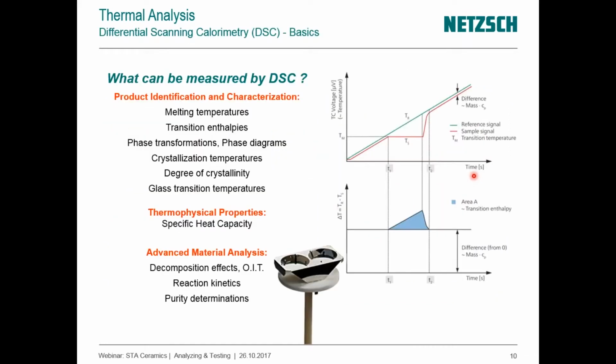We can also look for melting enthalpy, so the energy which is needed to get this kind of processing done. We can have information on the specific heat capacity. So STA can measure the specific heat capacity in more or less the same way as a normal standalone DSC instrument. And of course, kinetic analysis.